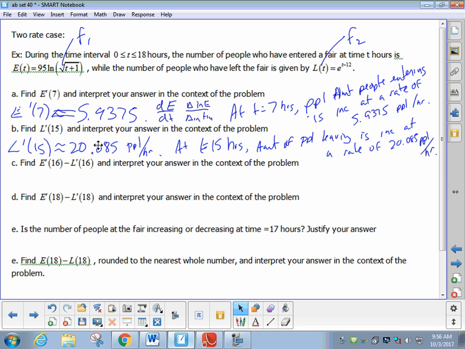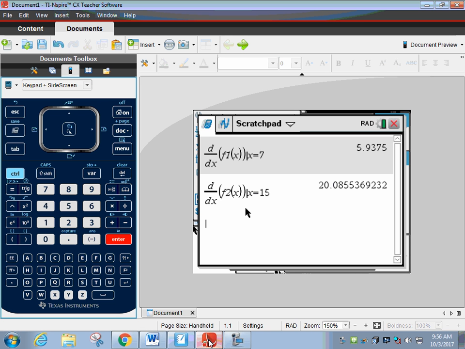Okay, find E prime at 16 minus L prime at 16. Now we're getting into a little more thought. Try that. That's 16.